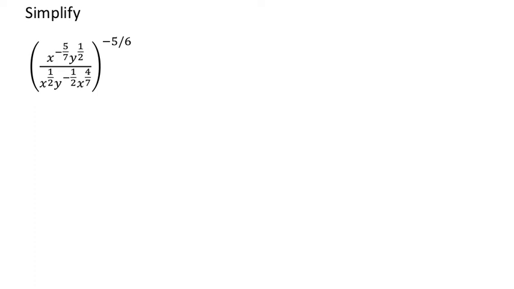So now you could work with all the x's, but you see those x's on the bottom, right? So from the x's, I have x to the power of negative 5/7 on the top, and that's good. But there's nothing I can do with that. What I do have on the bottom is x to the power of 1/2 times x to the power of 4/7. I'm not going to worry about working with that by hand.